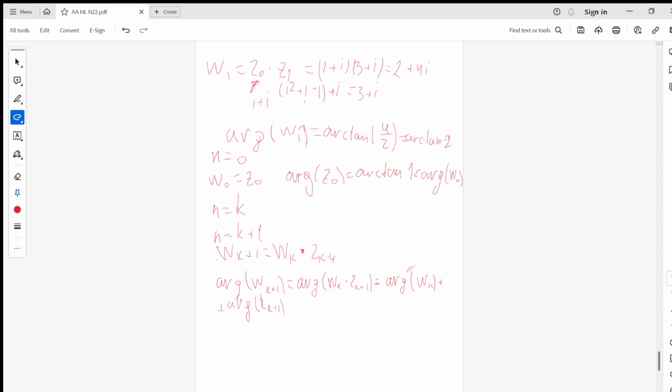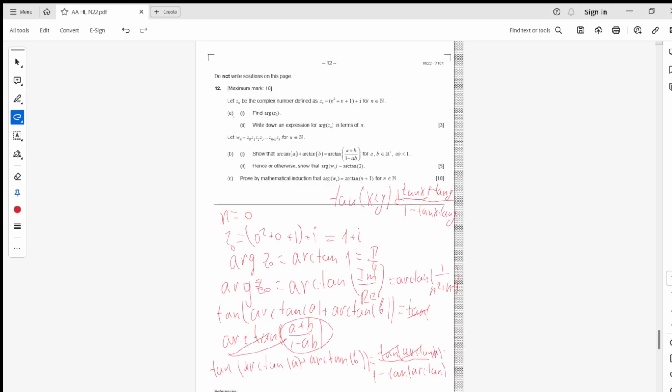And this thing is equal to arctangent k plus 1 by induction. And this thing is going to be equal to 1 divided by, for n we substitute k plus 1, so it's going to be k plus 1 squared plus k plus 1 plus 1, like this. We proved this before, right here.